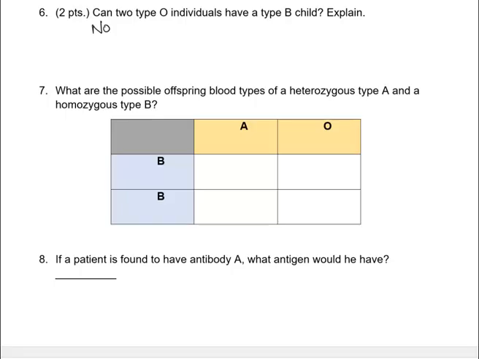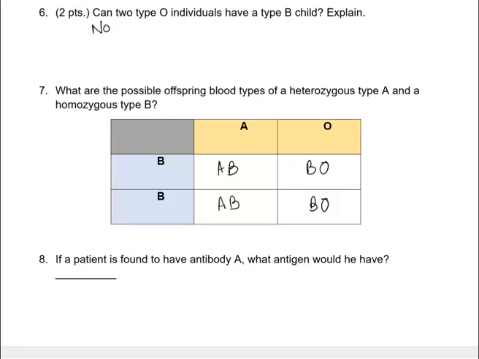So it's just a matter of filling it out. We have AB, a possibility for offspring. We have BO, another possibility. We have another AB, and then another BO. So those are our possible offspring for that crossing of parents.